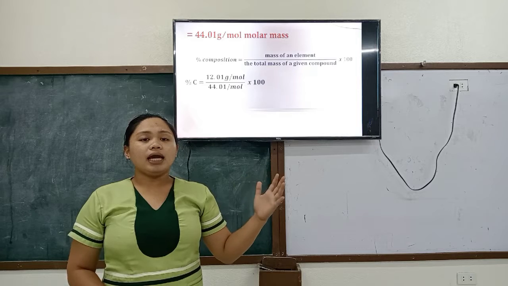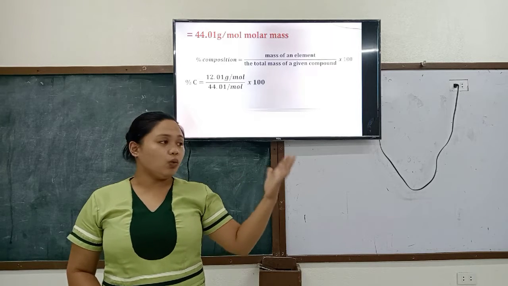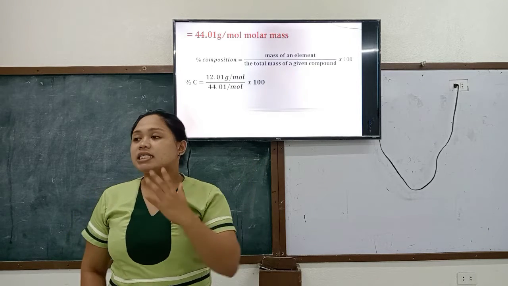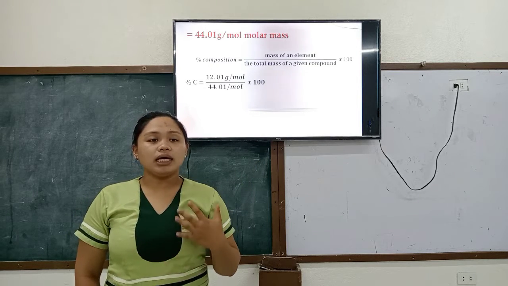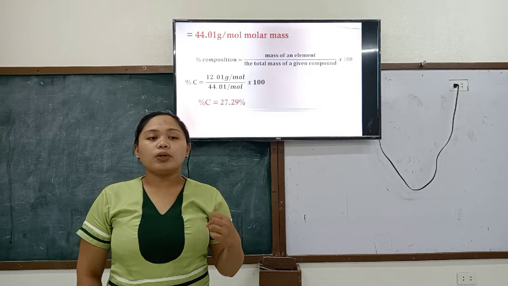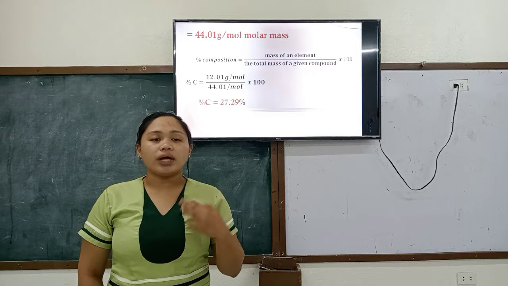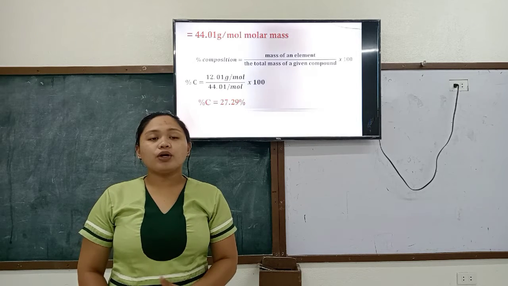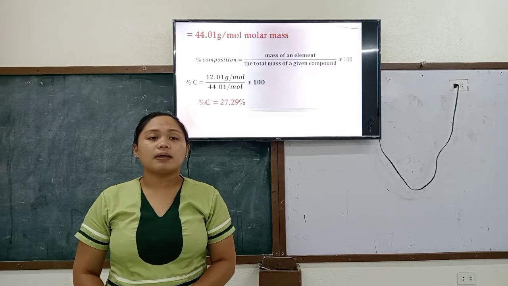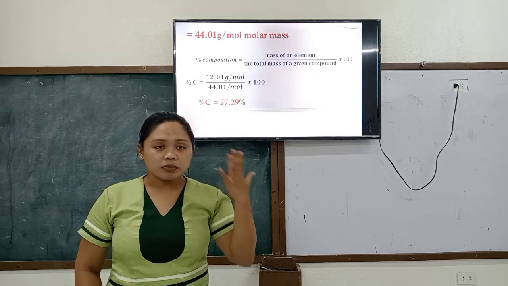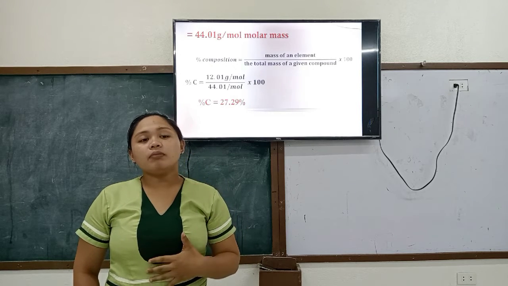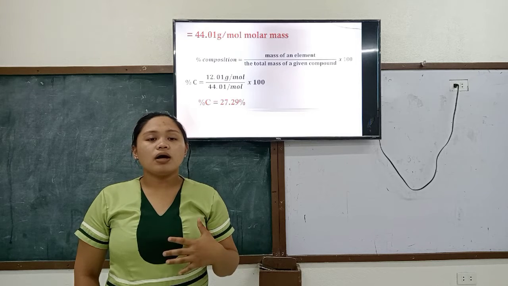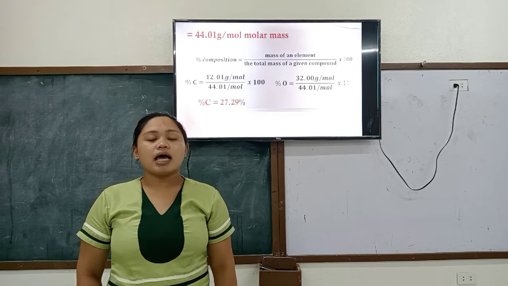Now, what could be the answer, class? Anyone? Yes, that's correct. The answer is percent of carbon equals 27.29%. How about for the oxygen, class? Okay, so let us now substitute the given problem to the formula. So, let us now substitute, class.